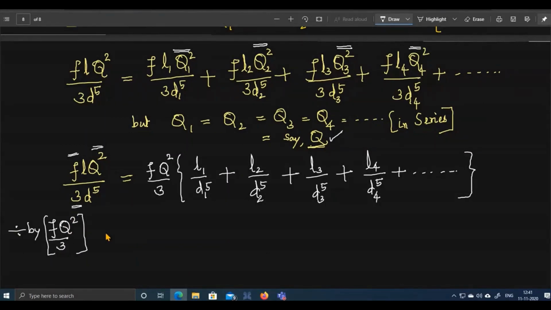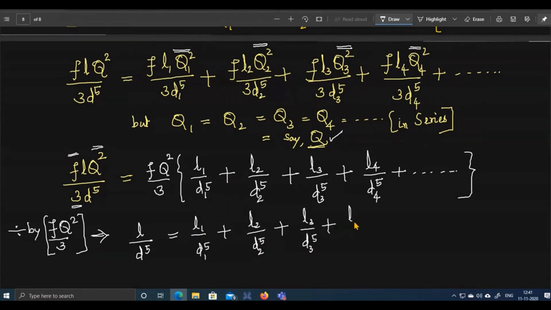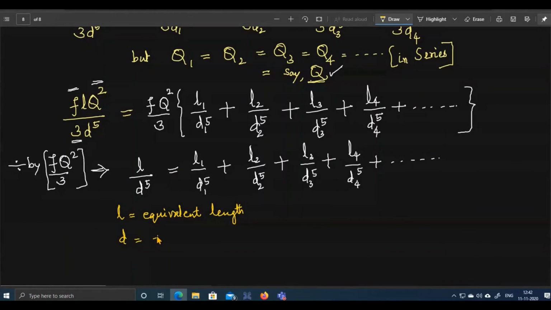So you are dividing throughout by fQ square over 3. What remains is, on the left hand side, L by D raised to 5. On the right hand side, fQ square by 3 outside the bracket is cancelled, and now L1 by D1 raised to 5 plus L2 by D2 raised to 5 plus L3 by D3 raised to 5 plus L4 by D4 raised to 5 plus etc. And D is the equivalent diameter.